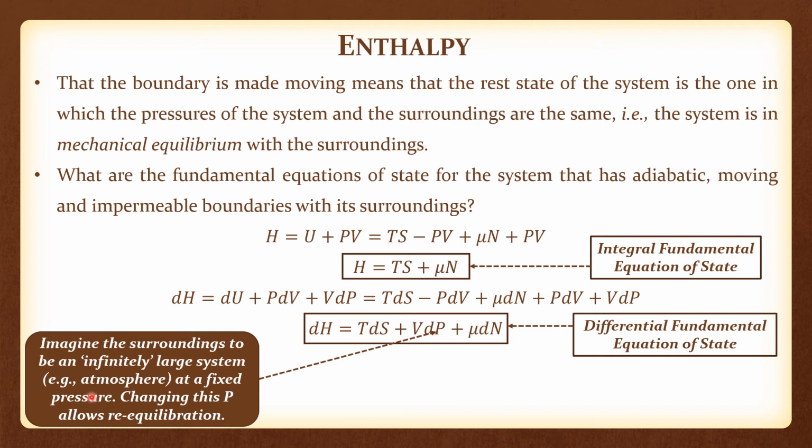So now if you change the external pressure of the atmosphere, then you will essentially allow for re-equilibration, and a new equilibrium state will be reached for the system with a different pressure. The energy content will correspondingly change. And this is the idea. So H is H of S, P and N. The independent variables are entropy, pressure and number.